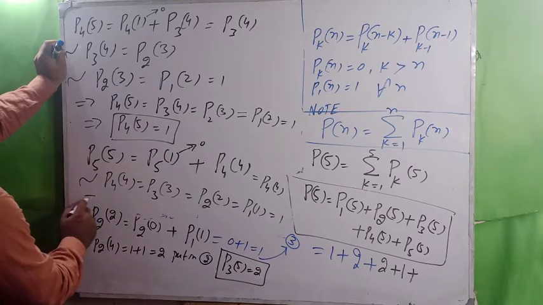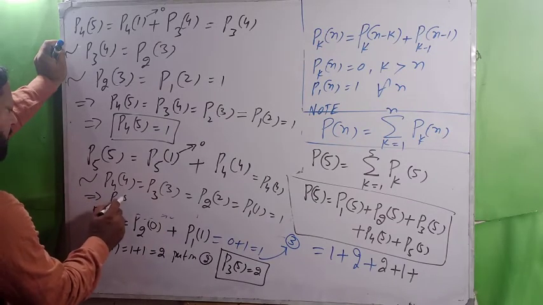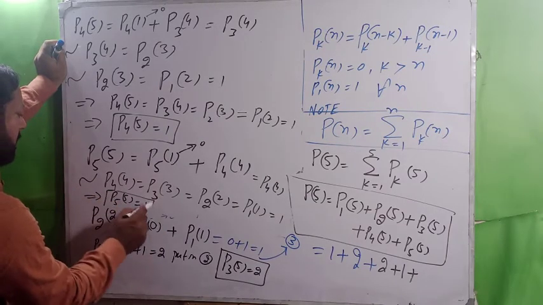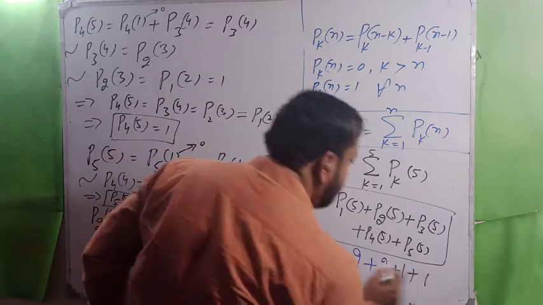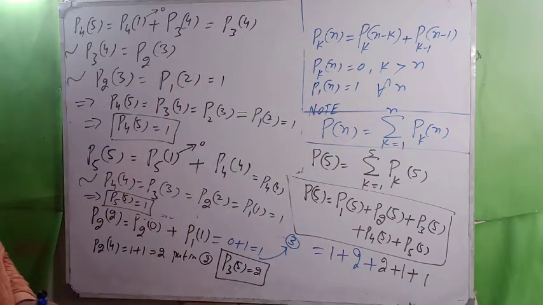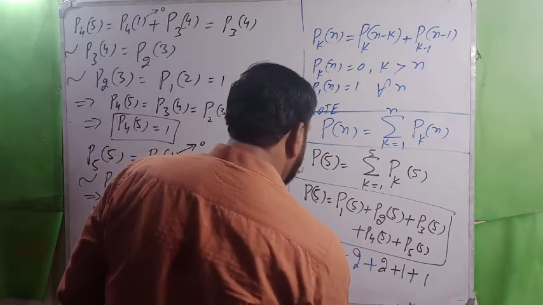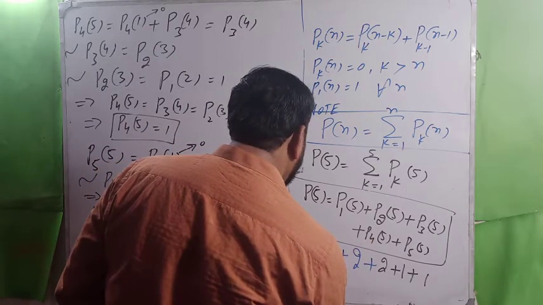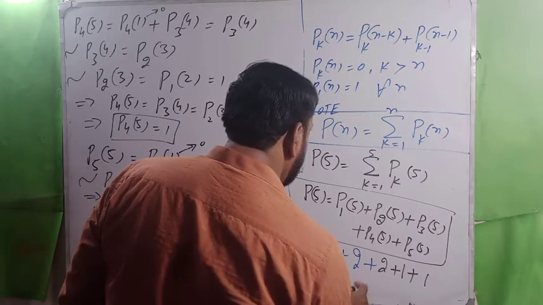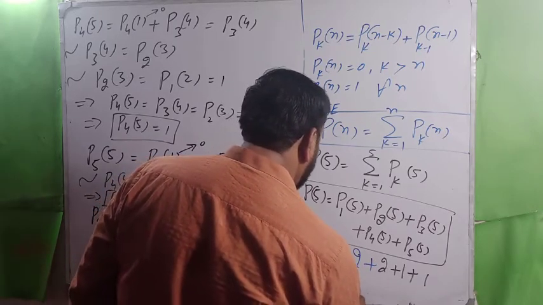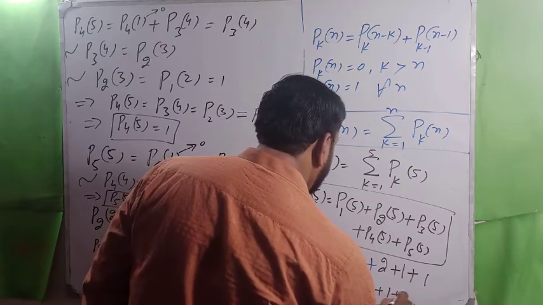So this implies P(5,5) would be equal to 1. So this is the class equation, or say P(5). P(5) is equal to 1 plus 2 plus 2 plus 1 plus 1.